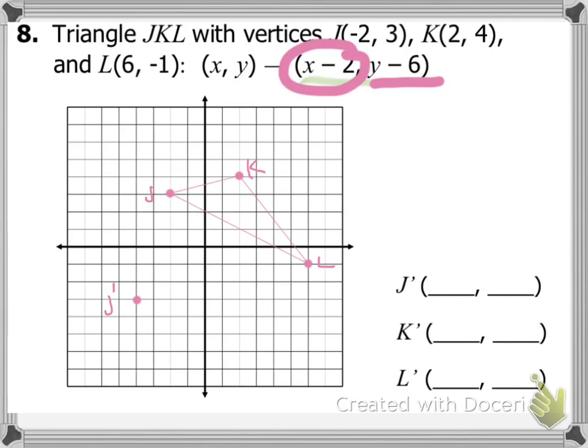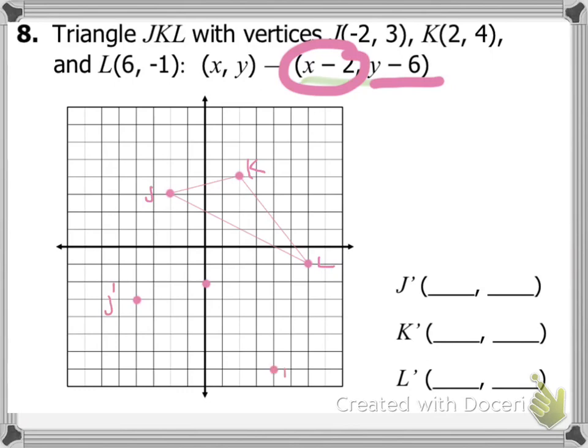Okay, K, scoot over 2, 1, 2. So now you're going to be on the y-axis, and then you're going to go down 6. Okay, L over 2, and down 6.